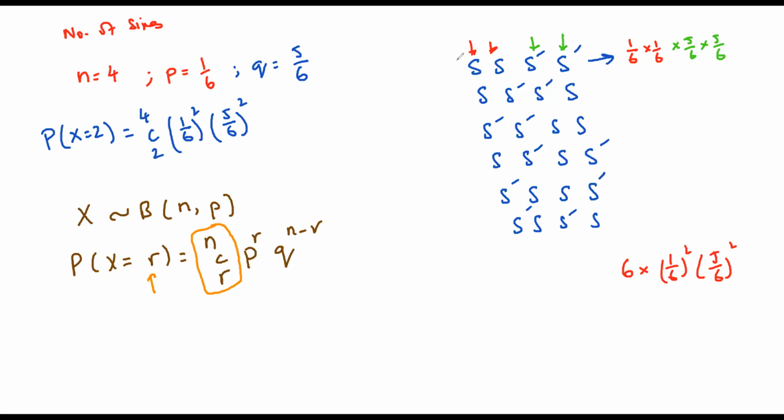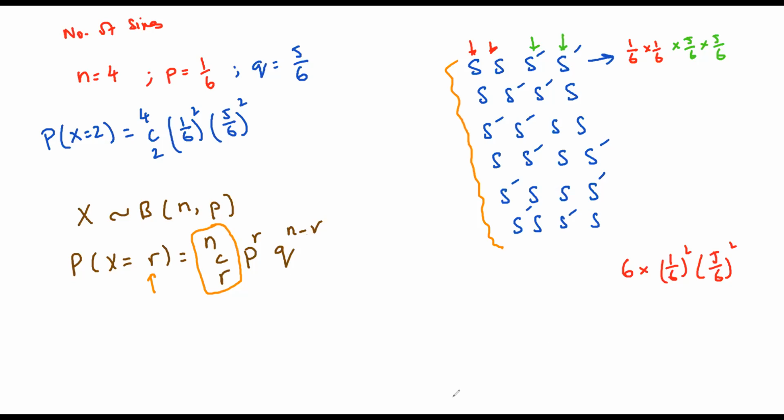You can see all this listing is showing you what are those possible situations where you can have two sixes and two non-sixes, obviously, out of the four throws of a die. So NCR tells you the number of possible outcomes जिसके अंदर this success is happening R times. And this is the probability that it is happening R times, P raised to power R, and this is obviously Q raised to power N minus R.